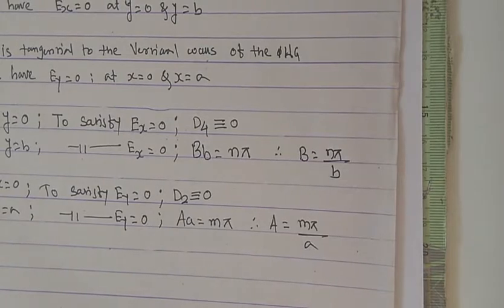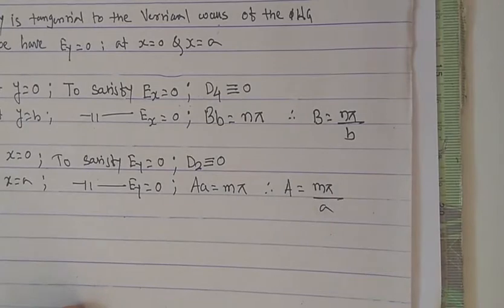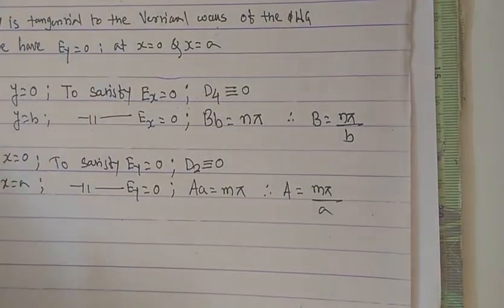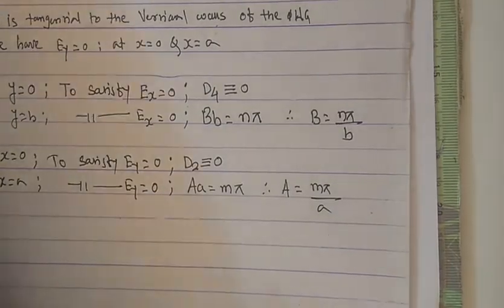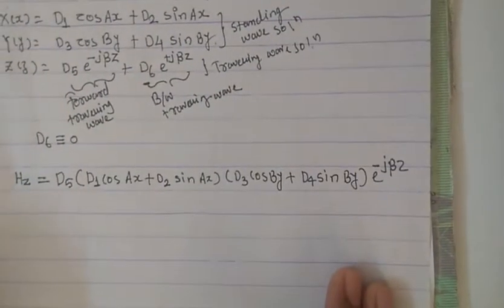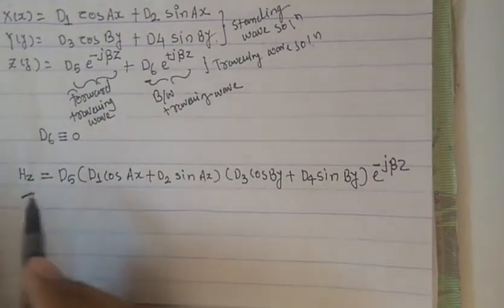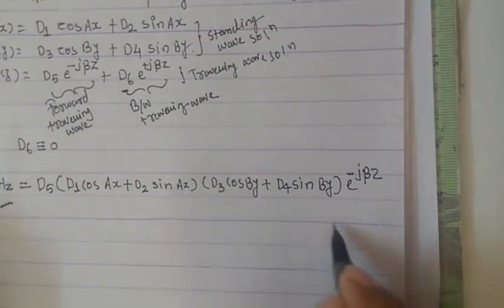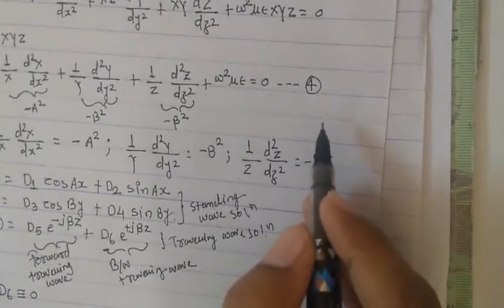So with this, your equation of Hz, what was that equation? This equation, let us call this some equation number. This was earlier 4, so this will be 5.